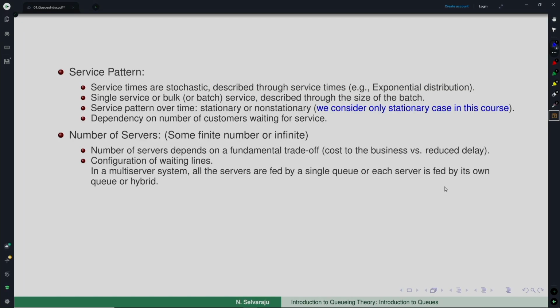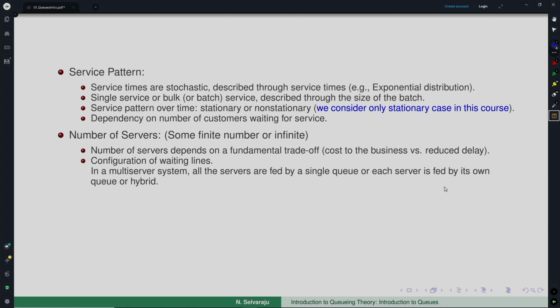Or a hybrid situation, for example, if you are at an airport going out of the country and at immigration check, you will see that there is a common queue. Again, you can even think at the domestic level, like the security check where there is a common queue and you are then fed into another smaller queue for your checking, right. So you could have a hybrid situation. These kinds of things can happen.